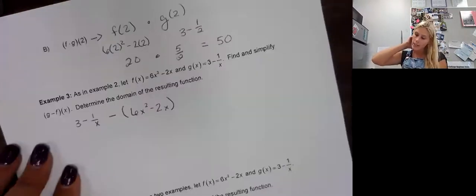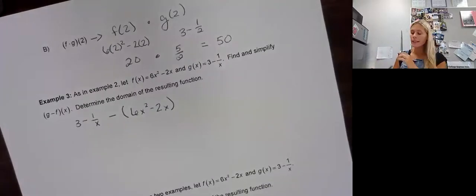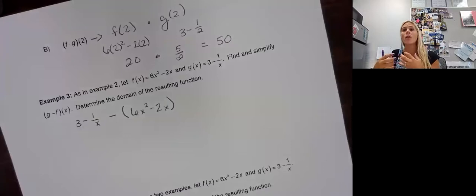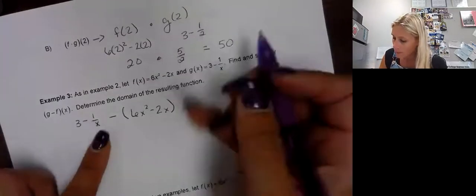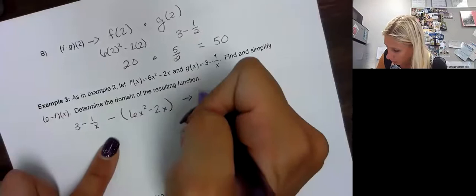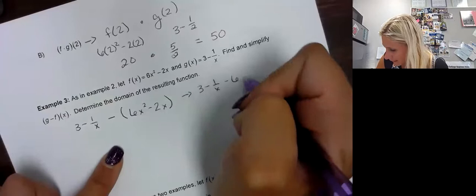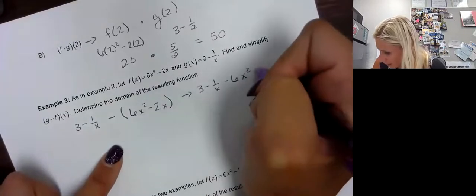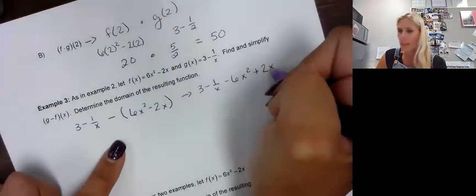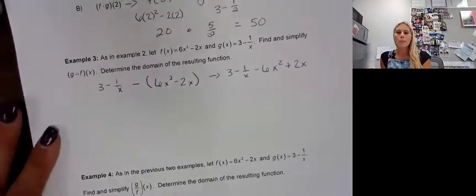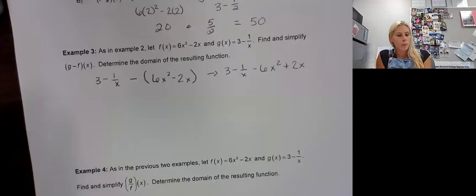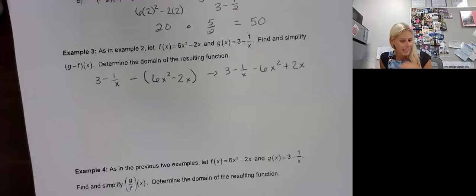All right, now what I want to do is simplify this so I can check out the domain. So I'm going to distribute that out and get 3 minus 1 over x minus 6x squared plus 2x. Now, as you guys can see, I can't combine like terms, but there's a problem here. We have a denominator of x, and the easiest way to figure out domain is to make sure that everything is under a common denominator.